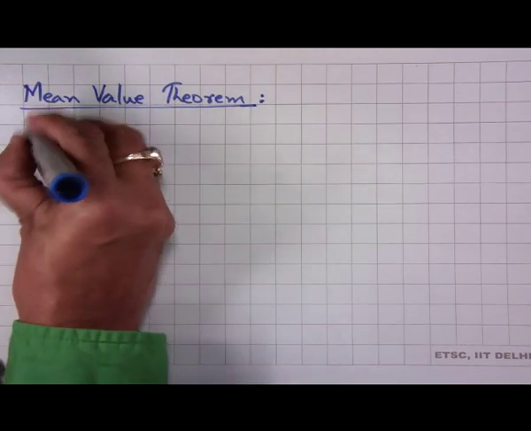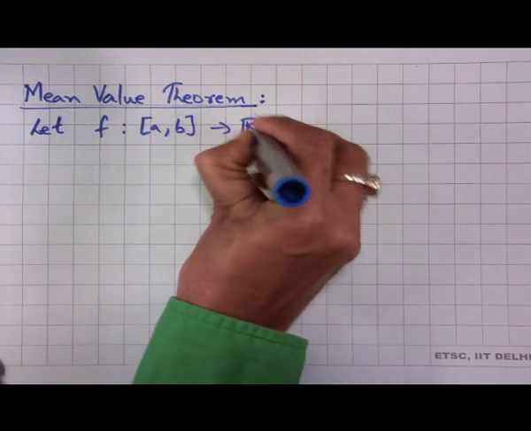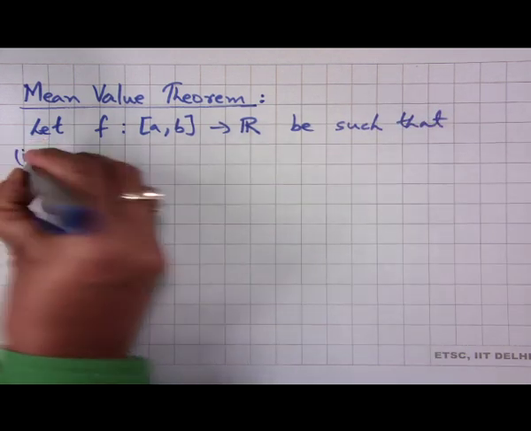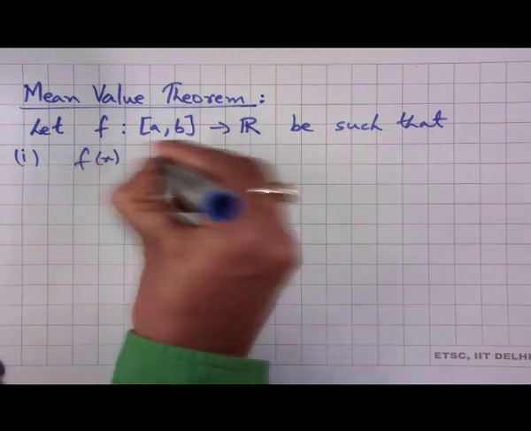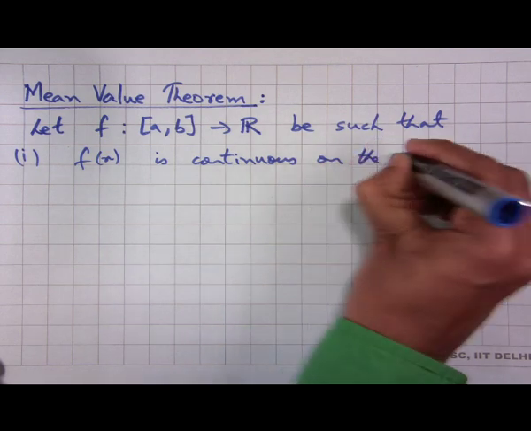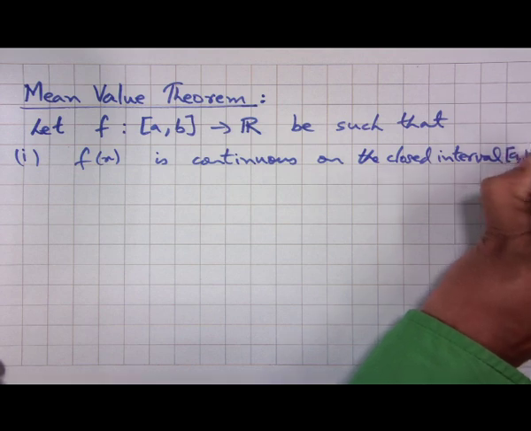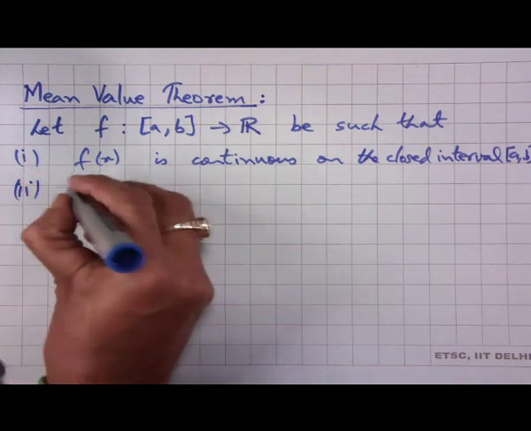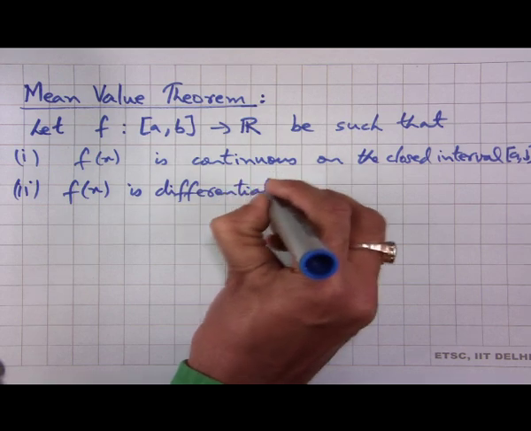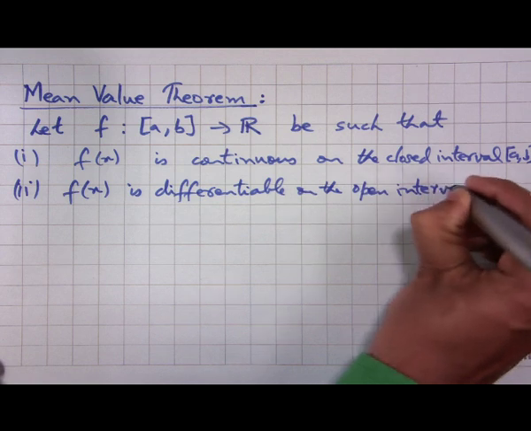Here we assume that f is defined from a closed interval [a, b] to R, such that first, f of x is continuous on the closed interval [a, b], and second, f of x is differentiable on the open interval (a, b).